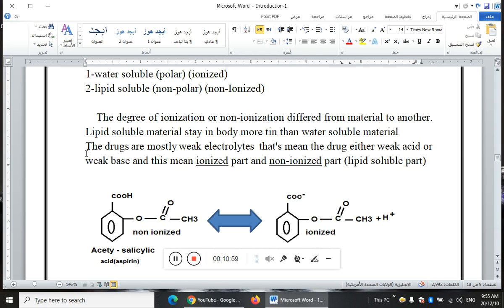If the drug is a weak base or a weak acid, there is an ionized part and a non-ionized part, which is lipid soluble, and the degree of ionization or non-ionization differs from one material to another.